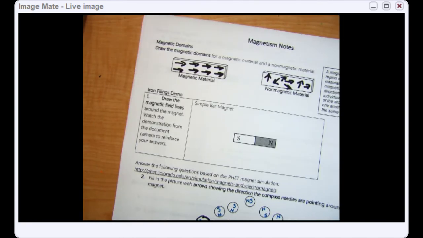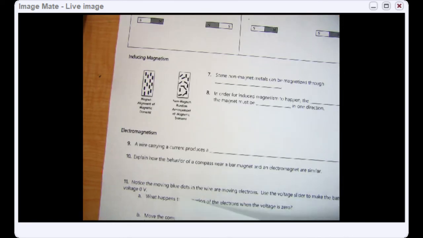All right. The next thing I want you to look at is number 6. It says draw the magnetic field lines around each pair of magnets. Now we know from elementary school that like poles are going to repel and opposite poles are going to attract.